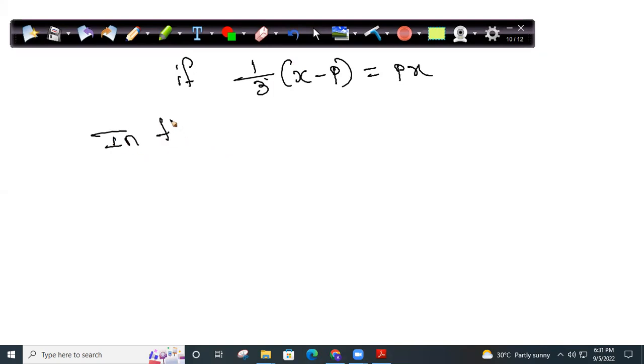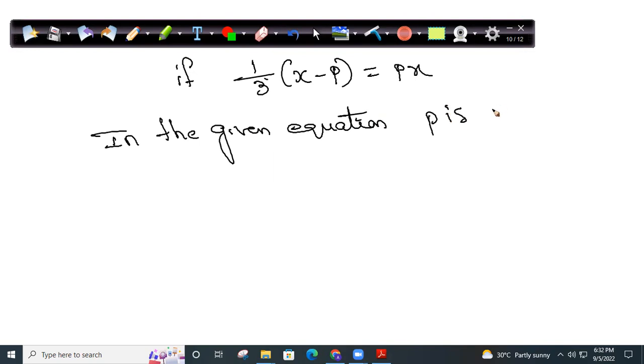If 1 by 3 into x minus p is equal to px, in the given equation p is a constant.